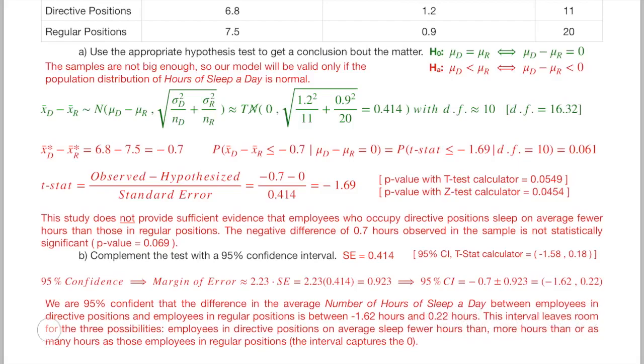This interval leaves room for the three possibilities. Employees in directive positions, on average, sleep fewer hours than, more hours than, or as many hours as those employees in regular positions. The interval captures the zero.